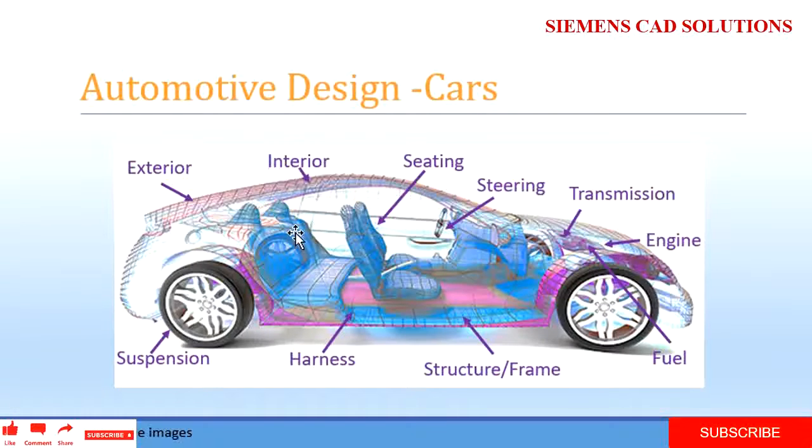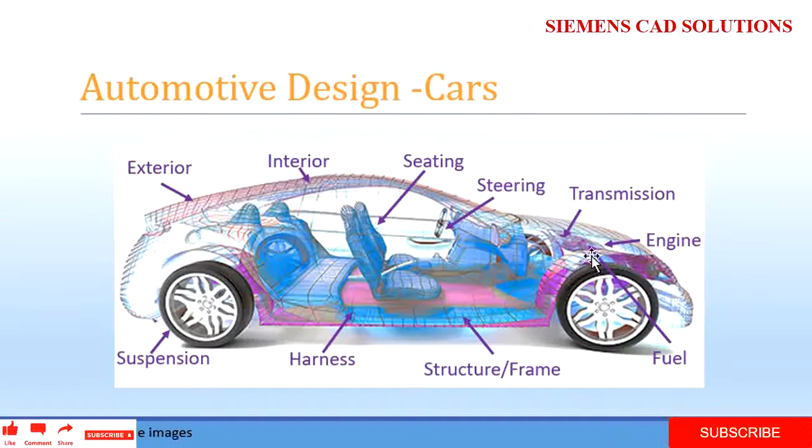Interior covers seatings, IP, the aesthetic area, B pillar, A pillar, lower carpet. In seating, we have the passenger seat, driver seat and rear passenger seats. Steering has most of the mechanisms involved in direction control.